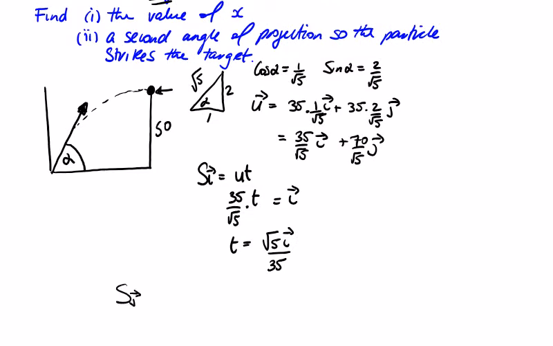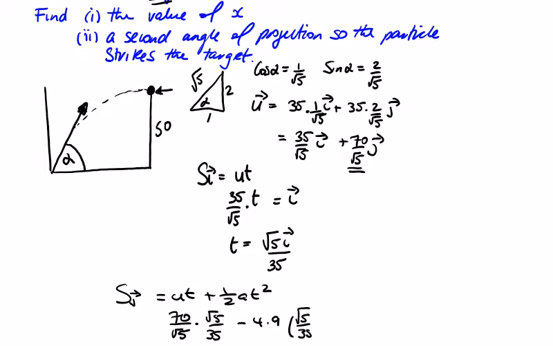So the distance in the j direction, ut plus a half at squared, we can fill this information in now. We have 70 over root 5 times the time, which is root 5 over 35, minus 4.9, we just have our gravity in this case, times t squared, which is going to be root 5 over 35 squared.